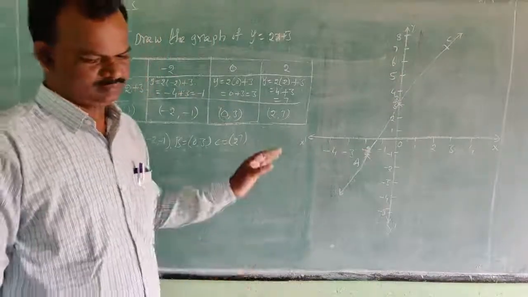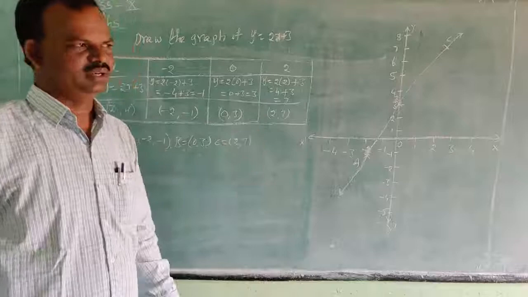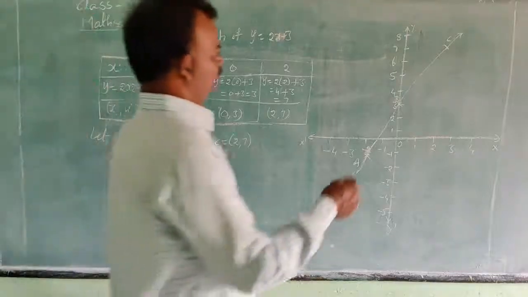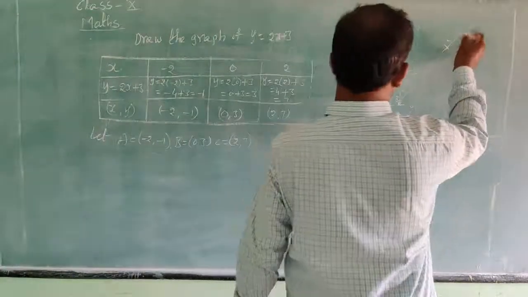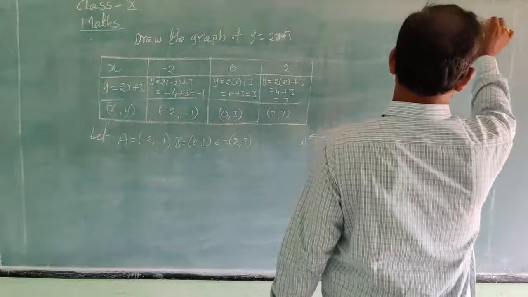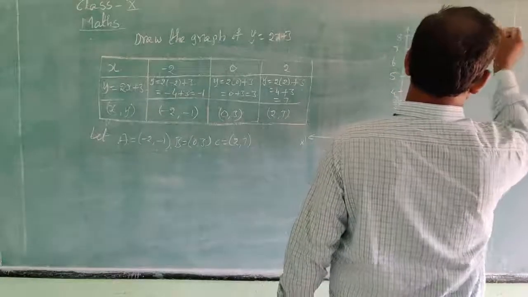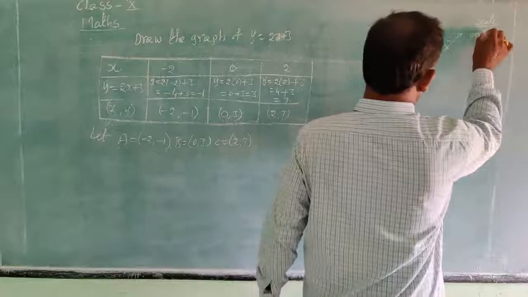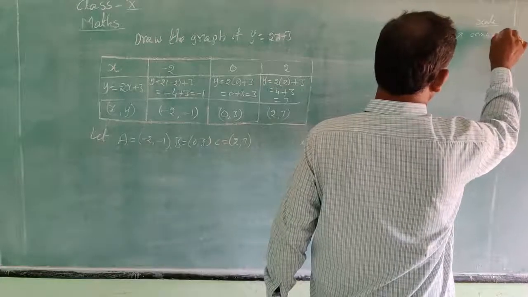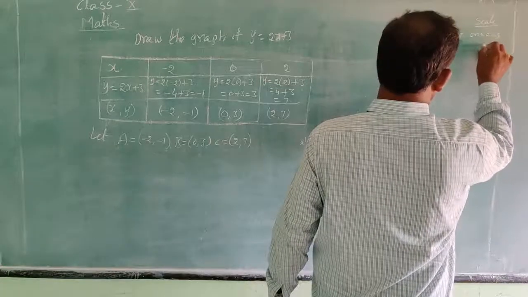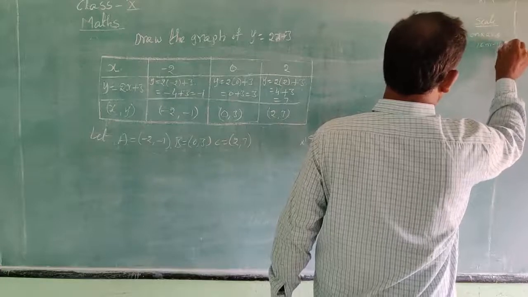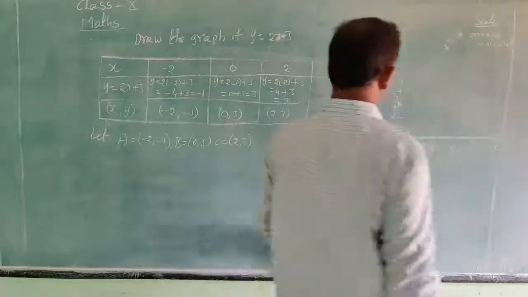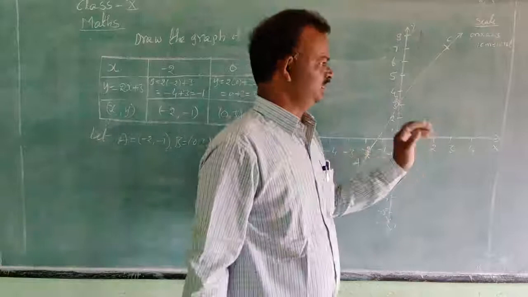And also for any graph we are writing the scale. So here we are writing the scale. On x-axis 1 centimeter is equal to 1 unit, we are taking 1 difference.